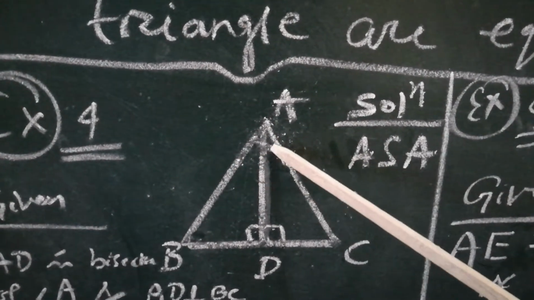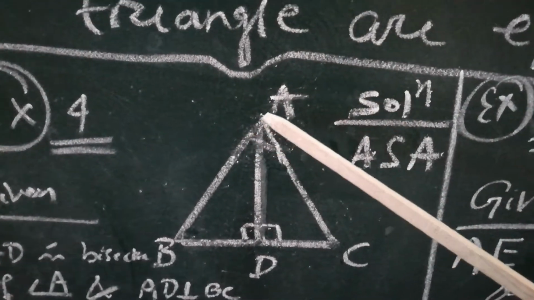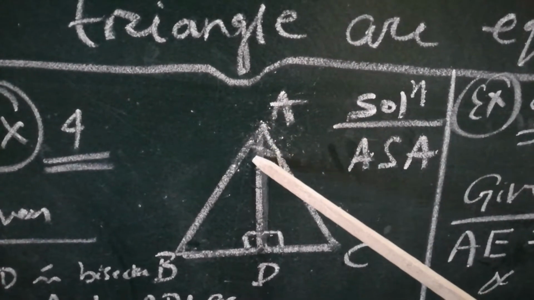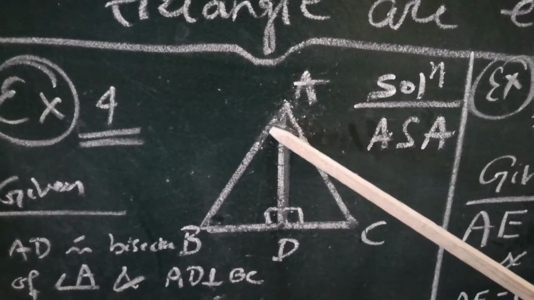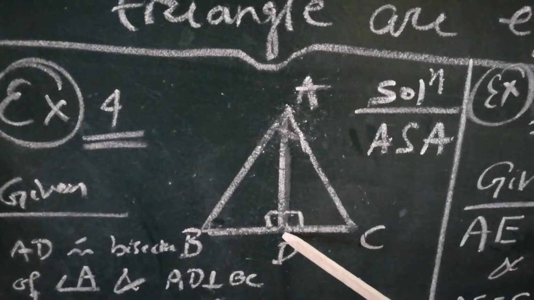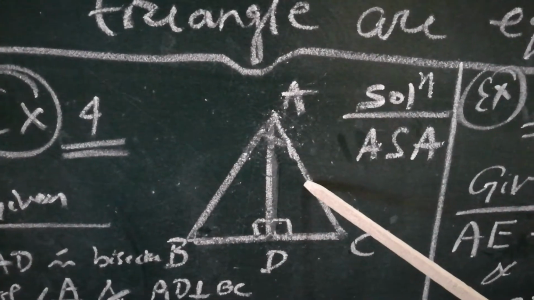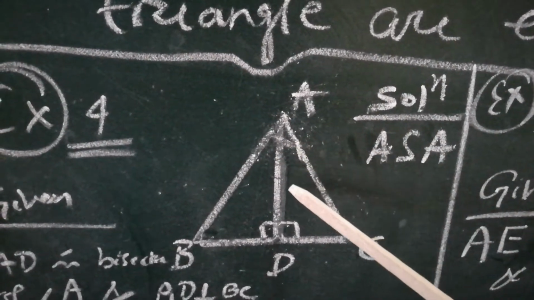That means angle A will be the same for both. Next is a side. Side AD is common to both the triangles. That means angle and side.